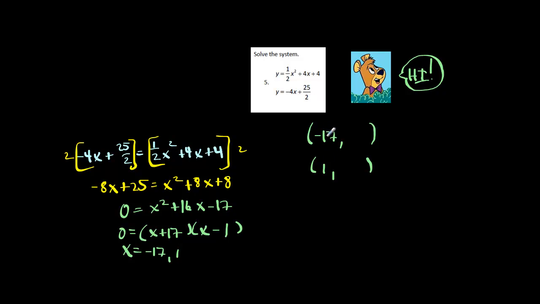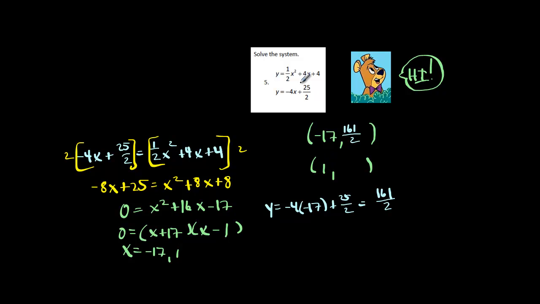So let's let these go into x. So let's substitute. Let's put the negative 17 in. So y equals negative 4 times negative 17 plus 25 halves. When you do all that out, this is 68. 68 plus 12 and a half is 161 halves, which is 80 and a half.